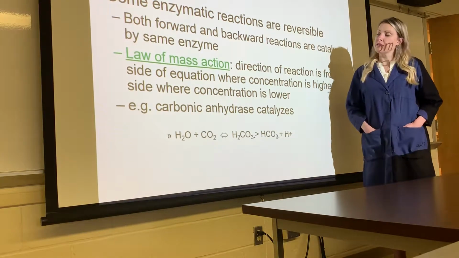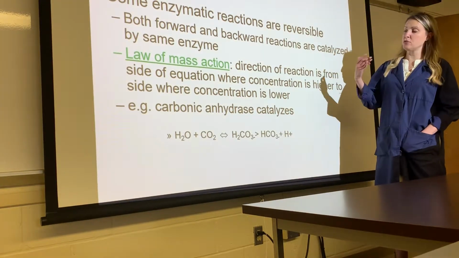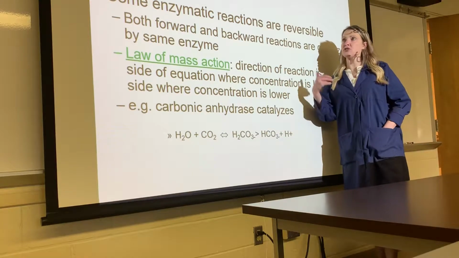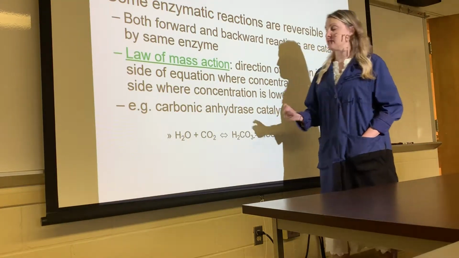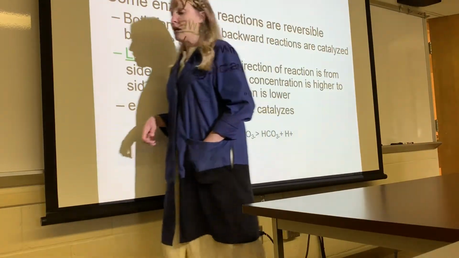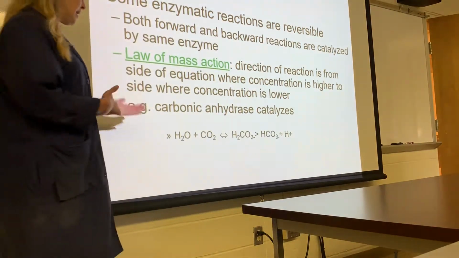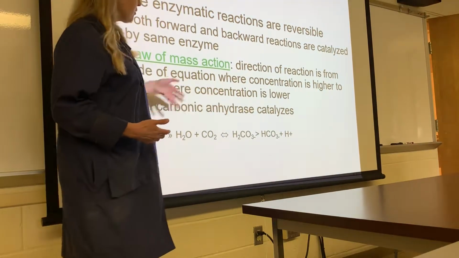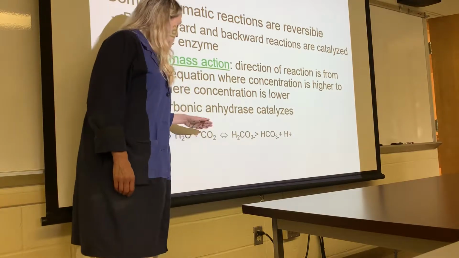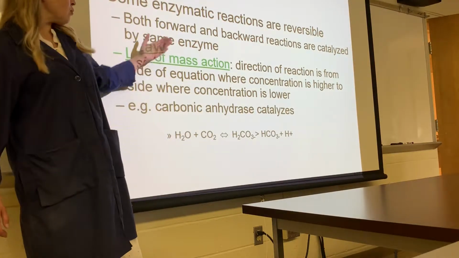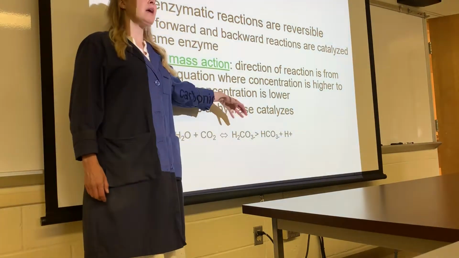Okay, so law of mass action. We move from the side of the reaction where we have a lot of something to the side where we have less of something. So as I mentioned, this is a bidirectional reaction. It can go to the right, it can go to the left. In the tissues, in the capillaries, we have water and carbon dioxide galore, right?